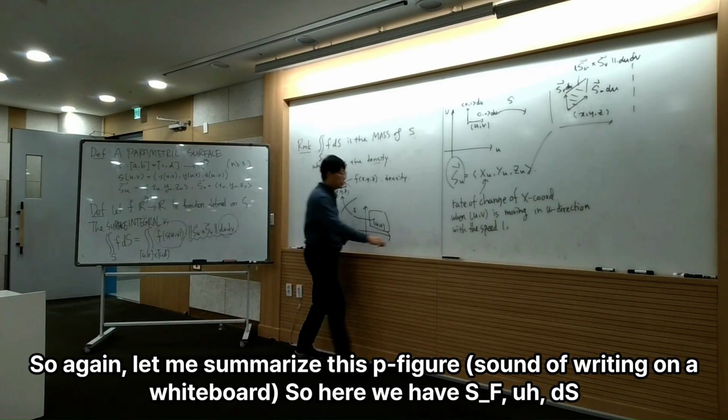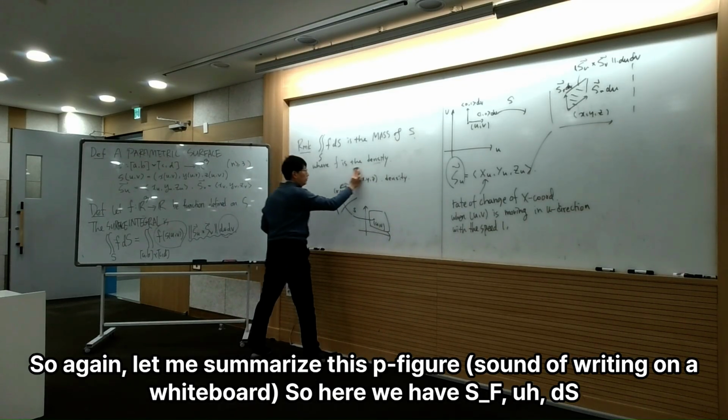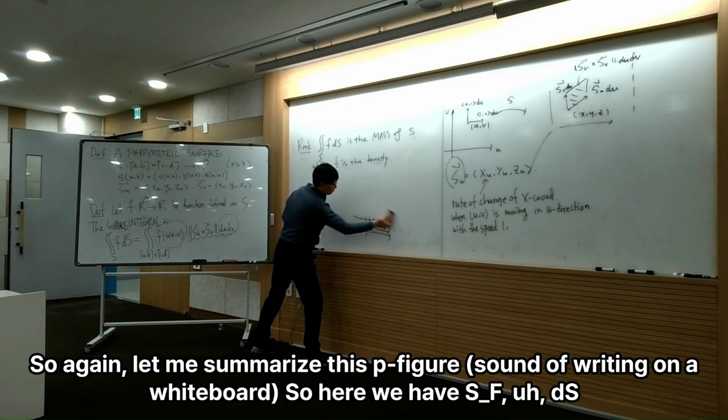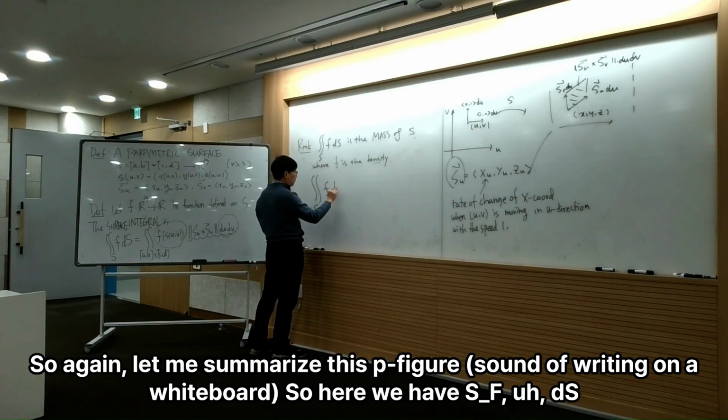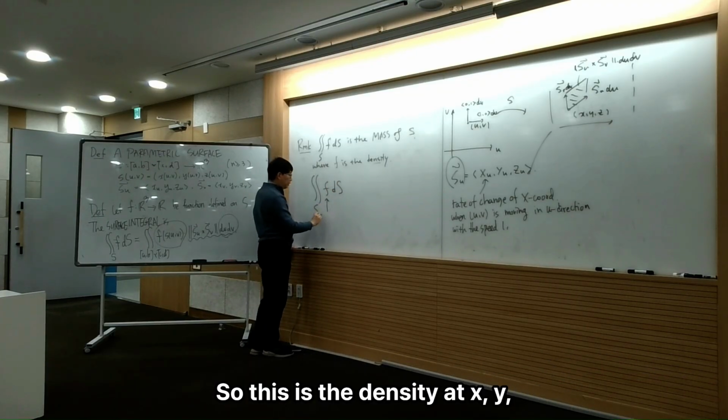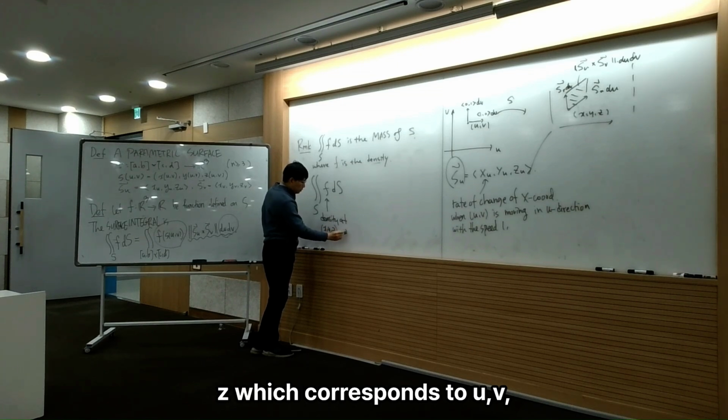So again, let me summarize this figure. Here we have the integral of f dS. So this is the density at (x, y, z), which corresponds to (u, v).